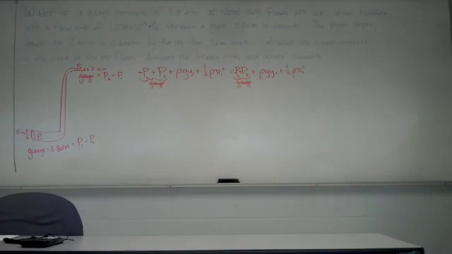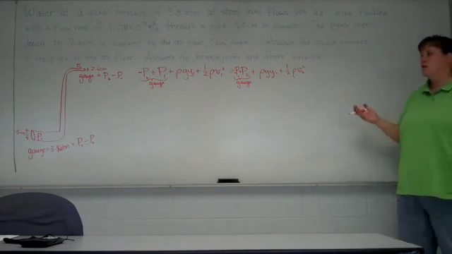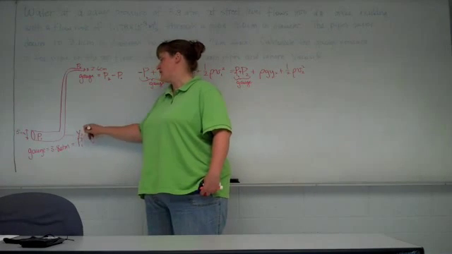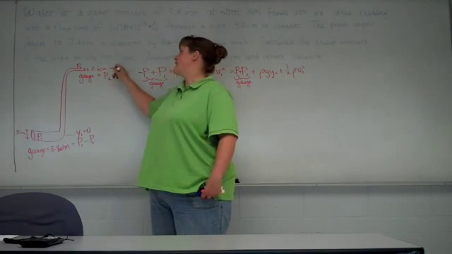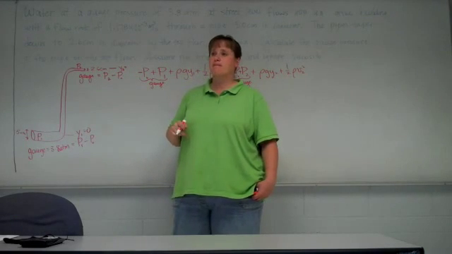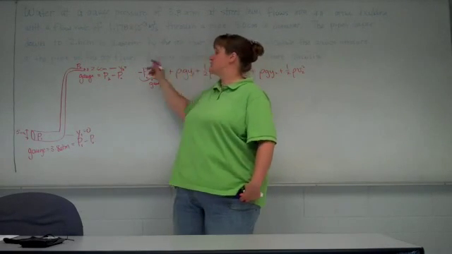Now with gravitational potential energy, the rho g y, just like we did when we did energy problems before, we can choose y to be 0 wherever we want. So if we call the lowest point y equals 0, so y1 is 0, what will y2 be? 20 meters.